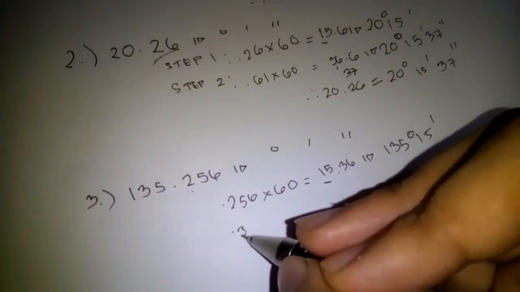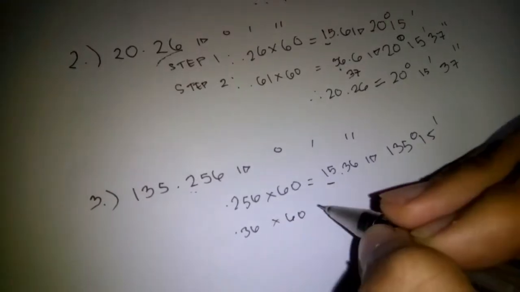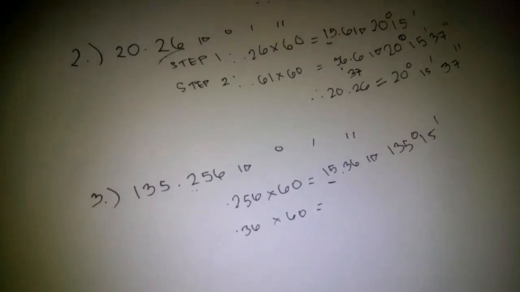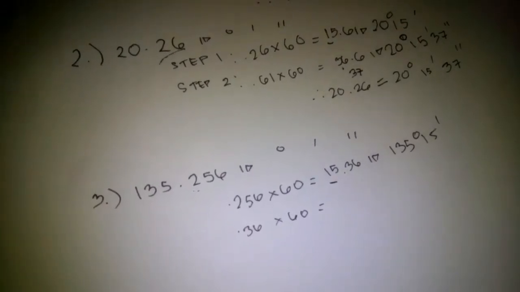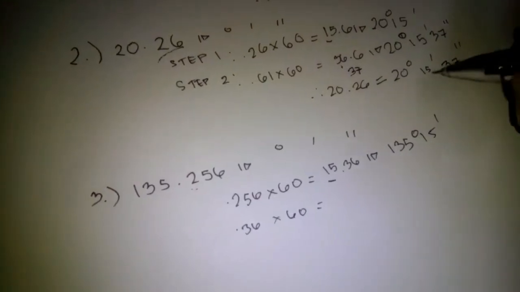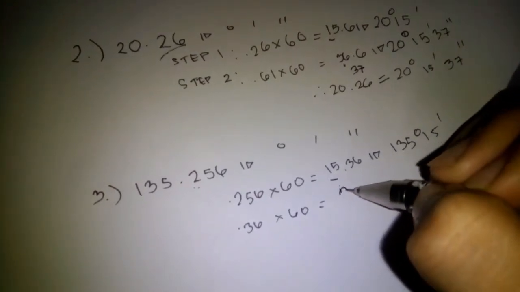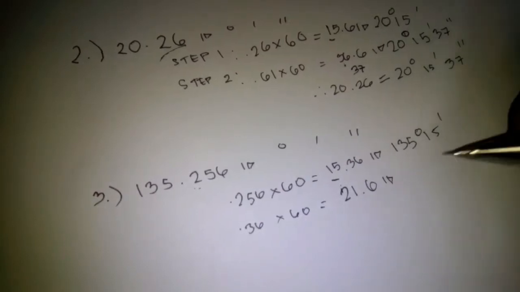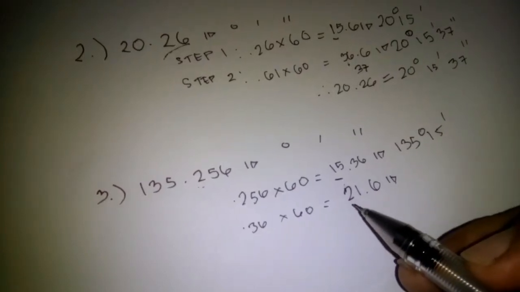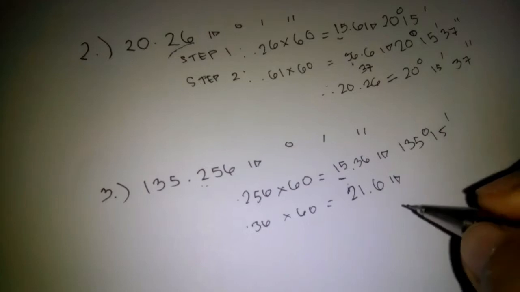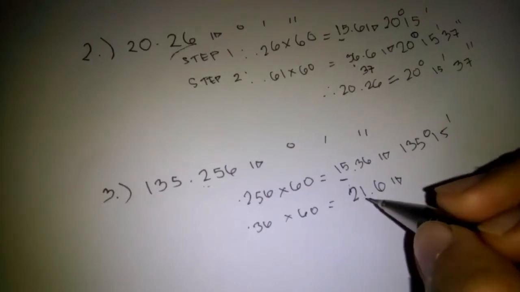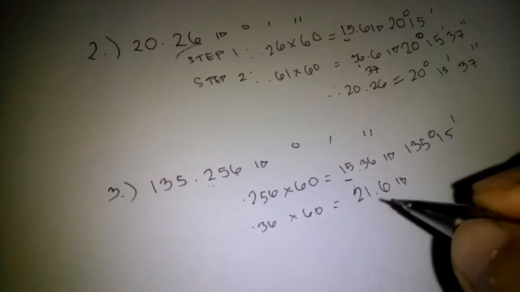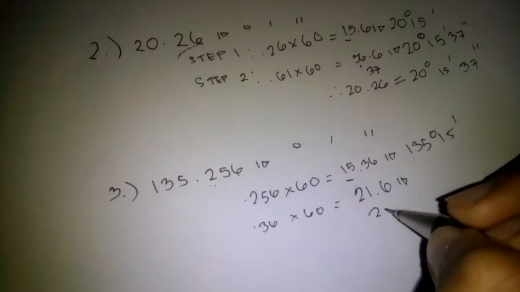So 36 hundredths multiplied by 60 will be 21 and 6 tenths. So again, we will round it off. So 21 will be 22 because this one is 5 and above. So we have 22.